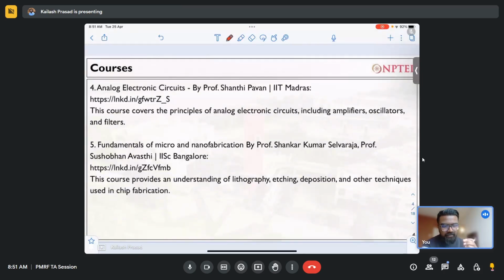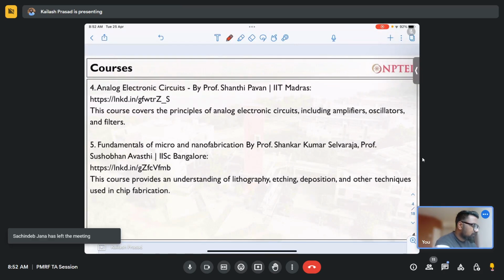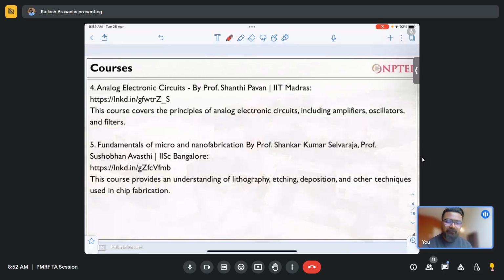There is nothing like 0 1 0 0, which is digital in nature. Everything in the world is analog, so wherever you want to communicate with nature, you have to go to analog.